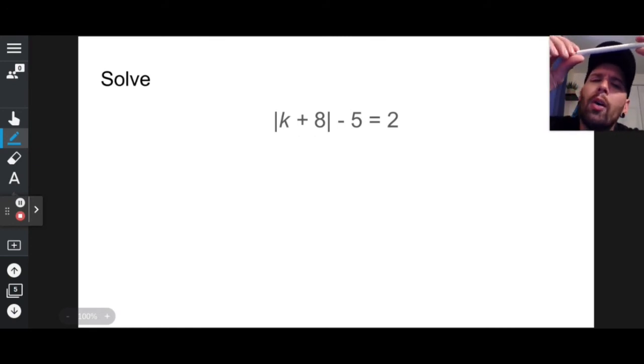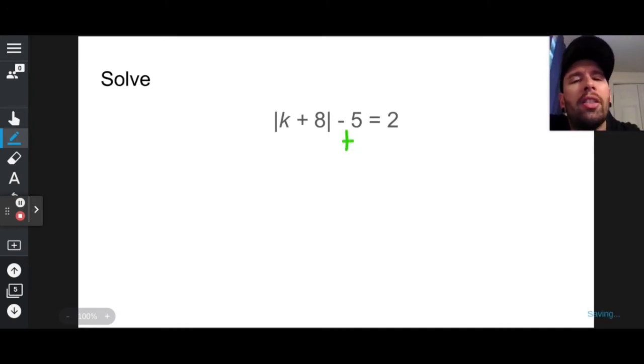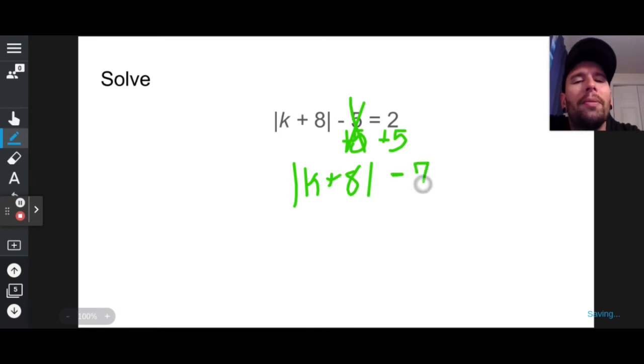Is the absolute value all by itself? No. So I'm going to add 5 to both sides to get the absolute value by itself. There you go. The absolute value of k plus 8 equals 7.